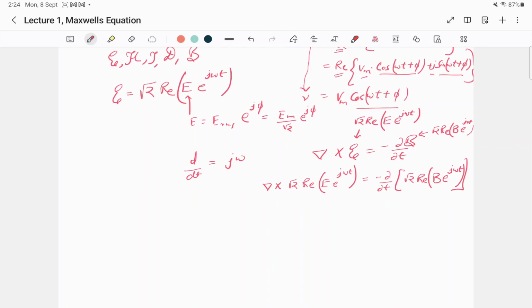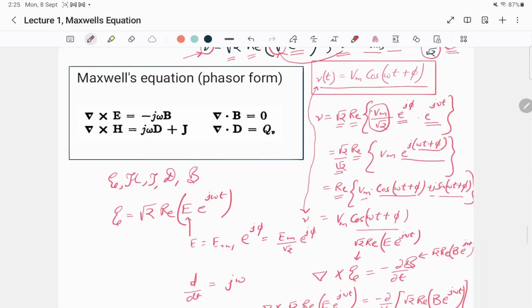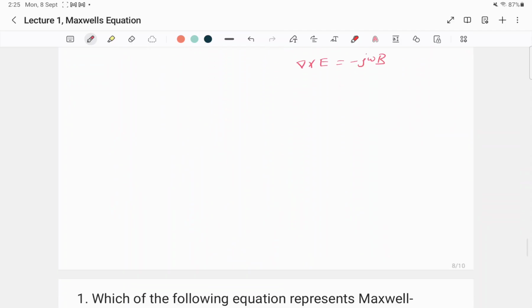So it can be simplified into root 2 real part of del cross E e to the power j omega t is equal to root 2 real part of j omega B e to the power j omega t, which can be simplified as del cross E equals minus j omega B. Or we already know that just by replacing the time derivative with j omega we can get Maxwell's equation in phasor form.